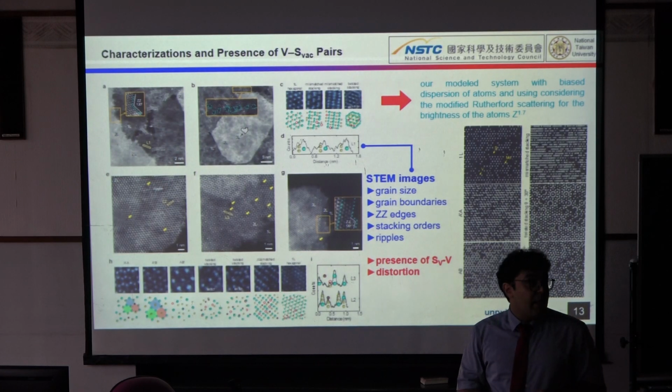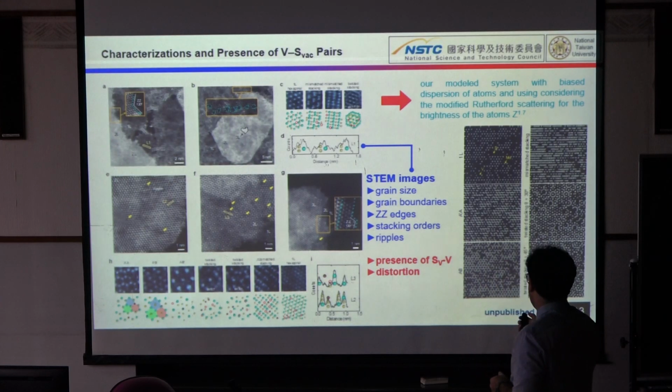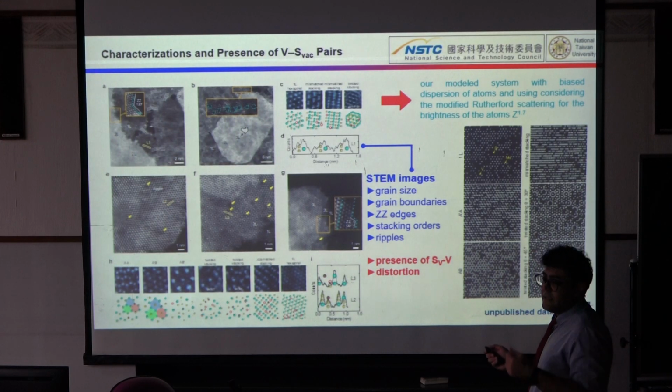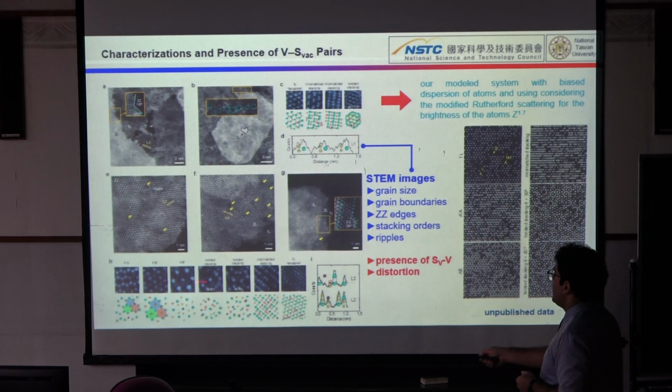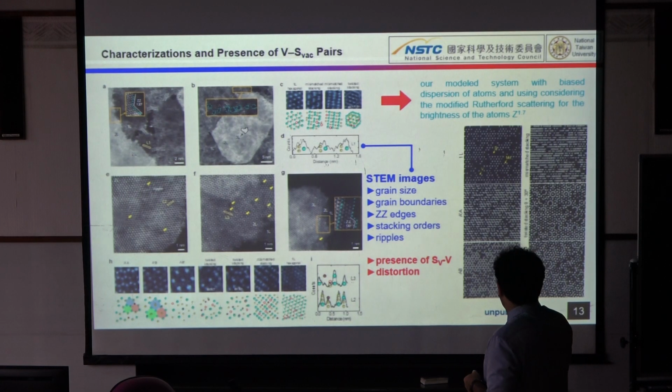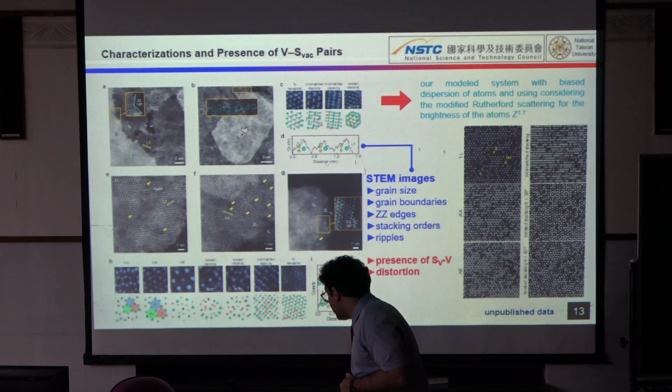I think everyone of you should know it from the undergrad quantum scattering section of quantum mechanics. So after considering this and providing the model structure and rotating them like this, we could see this kind of dark region again. Although this one is perfect and this one is the experiment, a bit different.